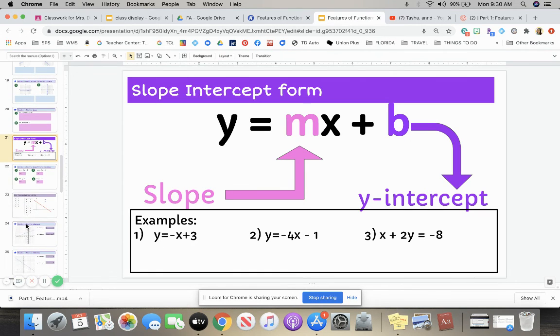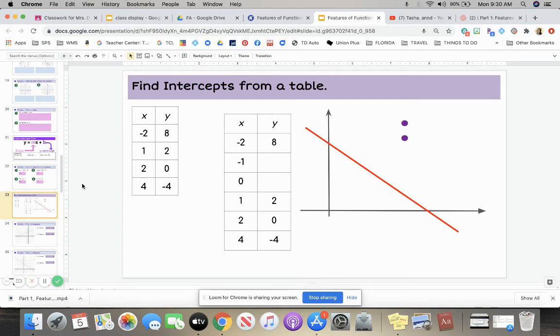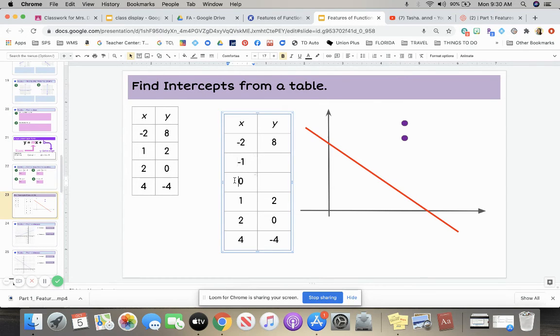Find the intercepts from a table. So we have in this original table negative 2, 1, 2, and 4. But there's a problem because we have some missing numbers here. We have our negative 1 that's missing, and we have a 0 that's missing in the table.